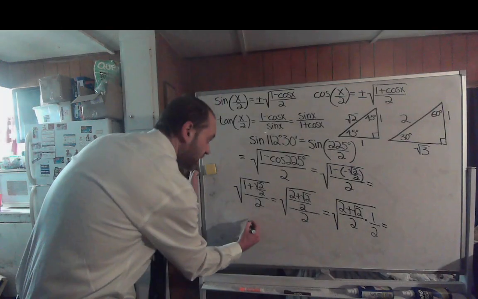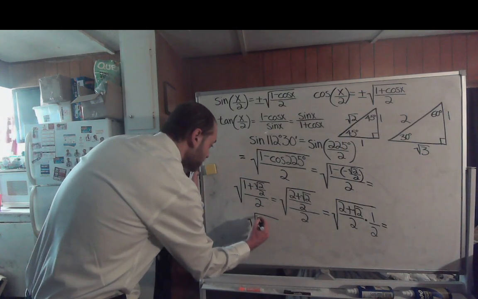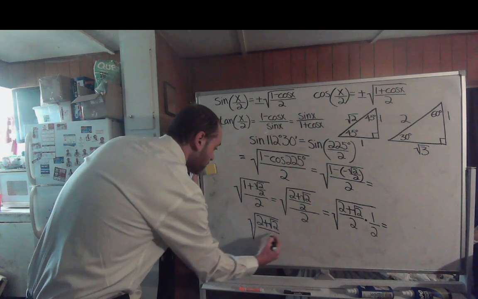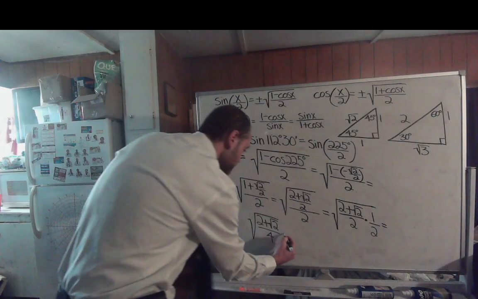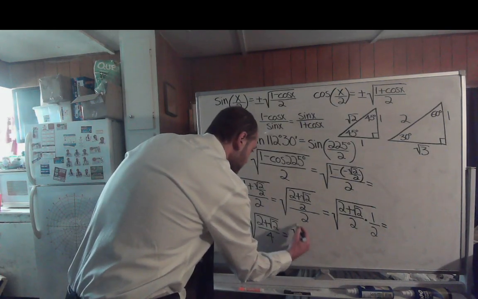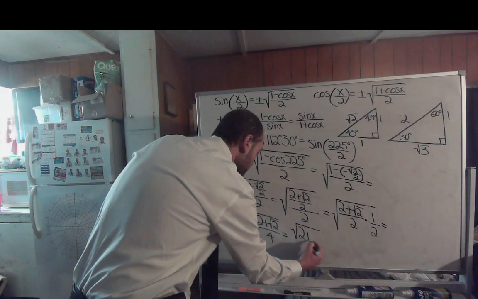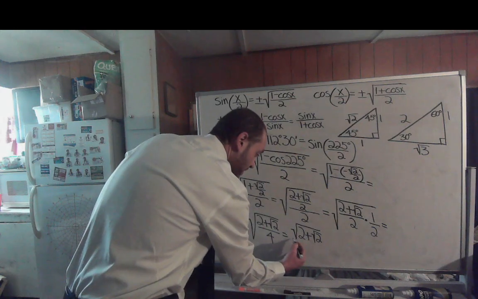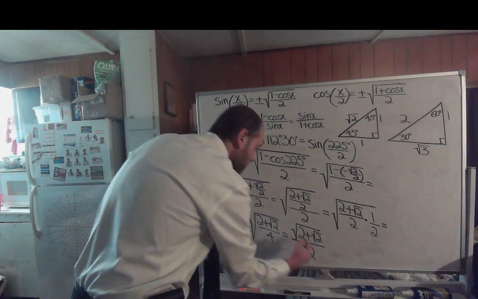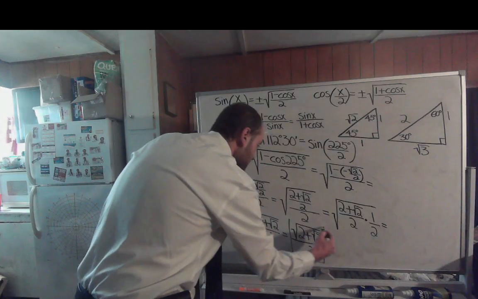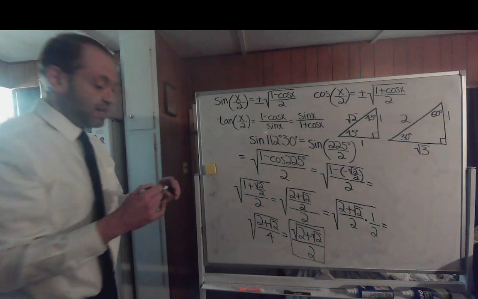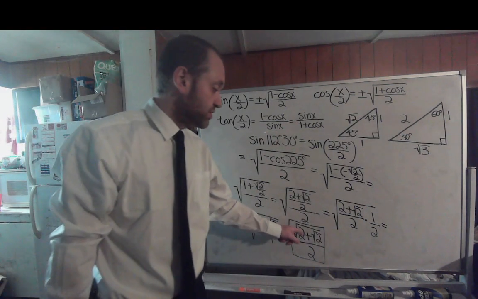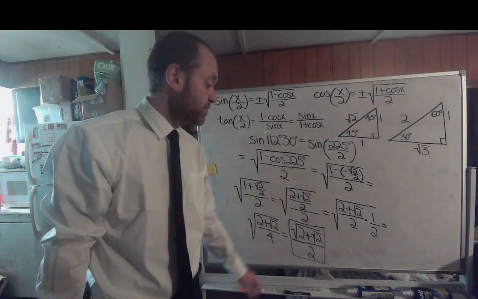This would simplify into the square root of 2 plus the square root of 2 over 4, and we know the square root of 4 is 2, so the final answer should be the square root of 2 plus the square root of 2, all over 2. So the sine of 112 degrees and 30 minutes is exactly the square root of 2 plus the square root of 2 all over 2.